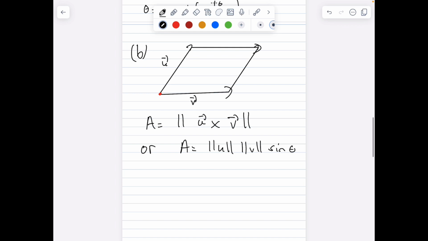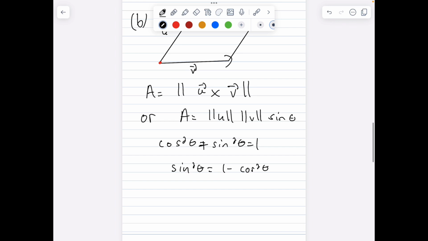We have that cosine squared plus sine squared equals 1. In other words, sine squared theta equals 1 minus cosine squared theta.